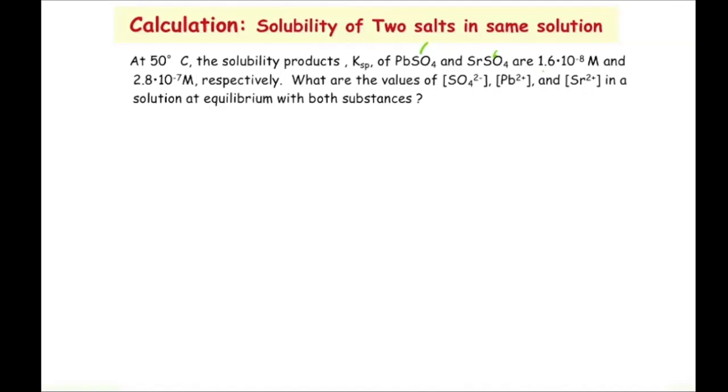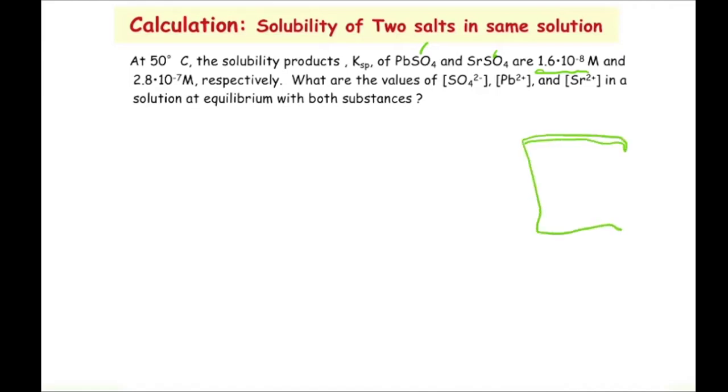In fact, I'll tell you what the Ksp is. It's 1.6 times 10 to the minus 8 for lead sulfate and 2.8 times 10 to the minus 7 for strontium sulfate. So you actually have to deal with two equilibria. Okay, so how would we solve this? Well, let me draw you a picture of what's going on here.